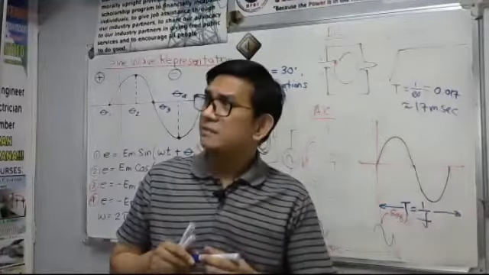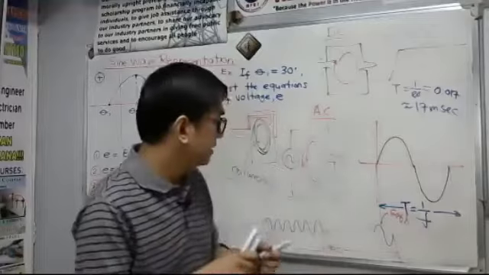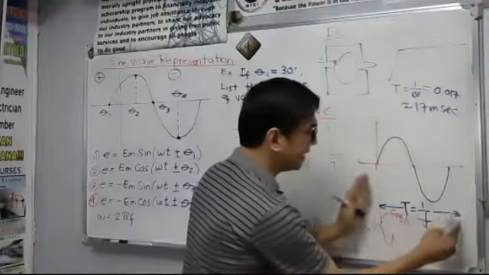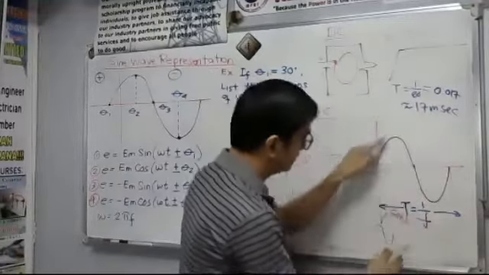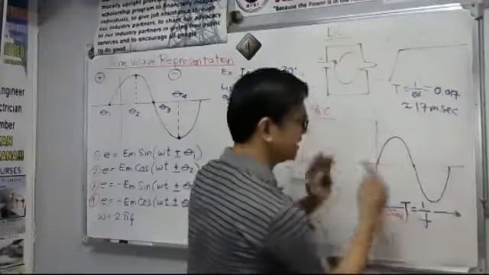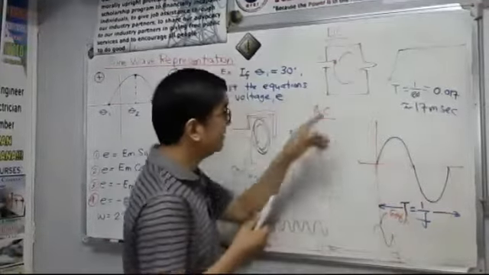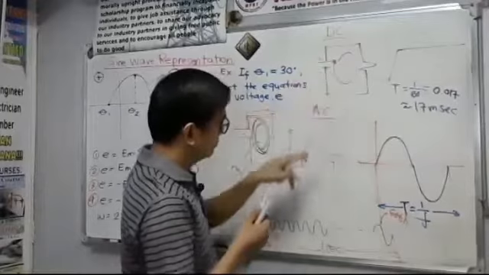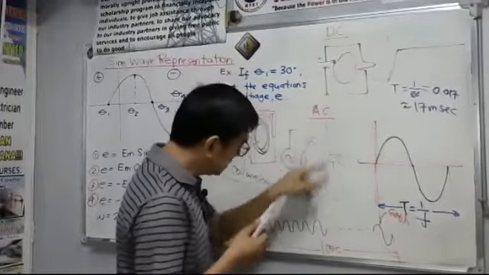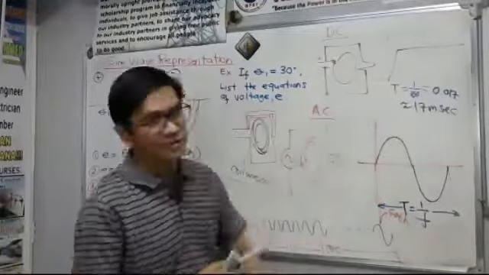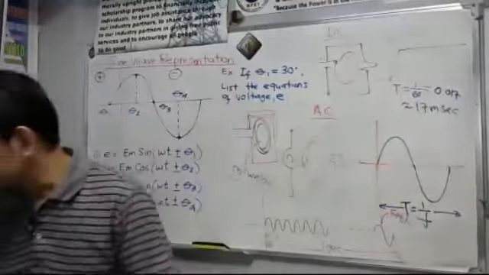So if we mean period T, that is the time taken to complete one cycle. That is only good for one cycle, meaning it is the time taken for the positive and negative alternation. Okay?